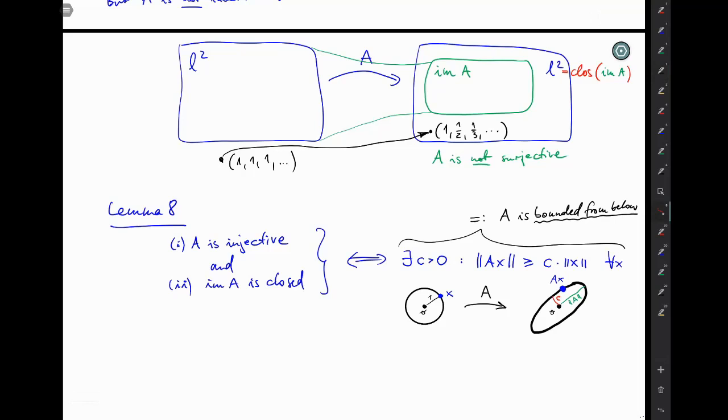Okay, in fact we are perfectly able to prove at least this direction of lemma 8, and we are not quite able to prove that direction. We are missing one little ingredient, another Banach theorem. But let's keep this proof open.